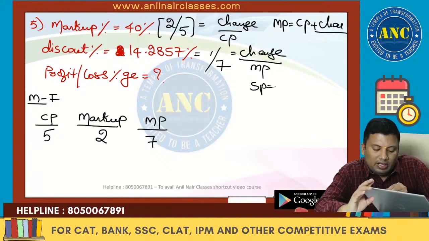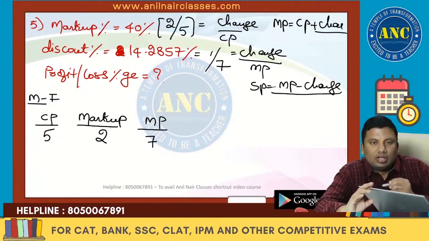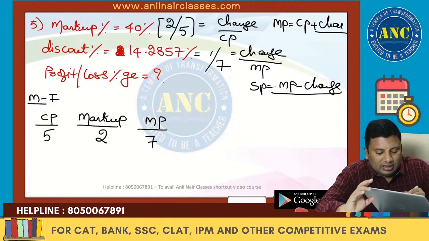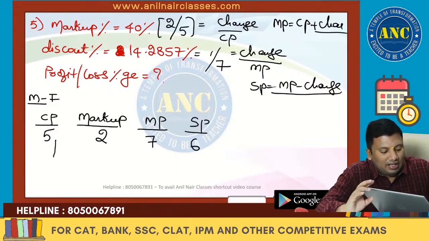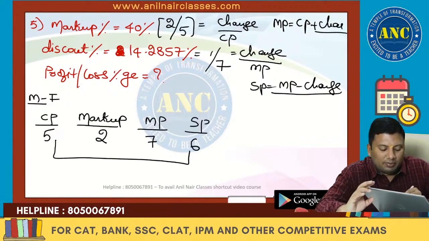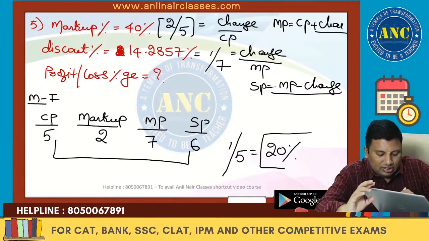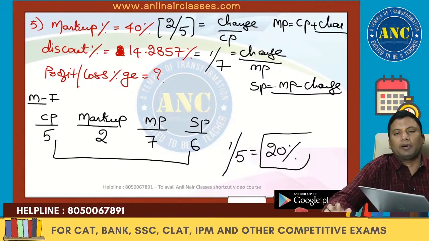Selling price is market price minus change: 7 minus 1 is 6. 5 is becoming 6, an increase of 1 on 5, which is nothing but 20 percentage.